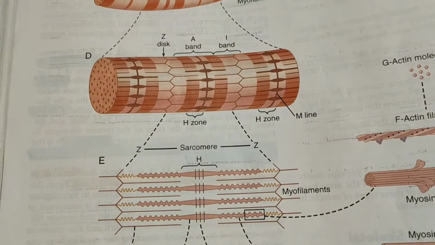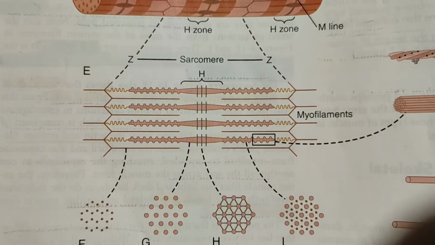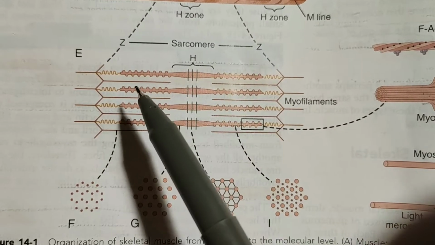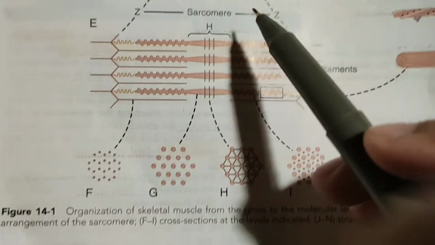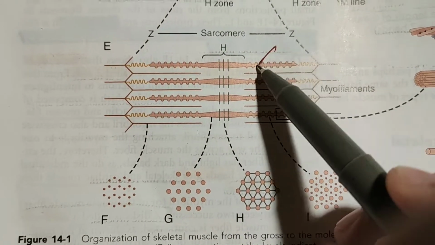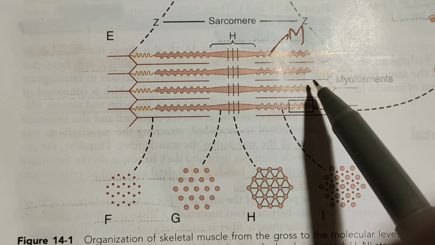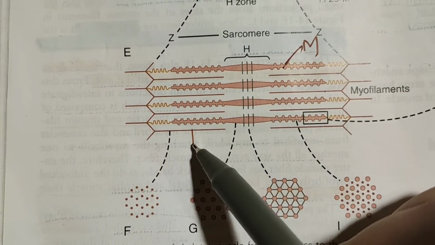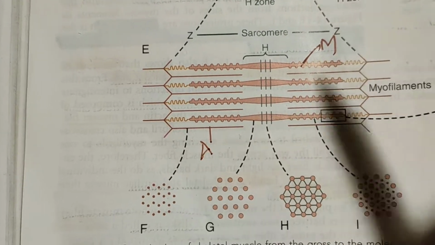The two main filaments are the thick filament and the thin filament. The thick filament is formed from the myosin protein, and the thin filaments are the actin proteins.